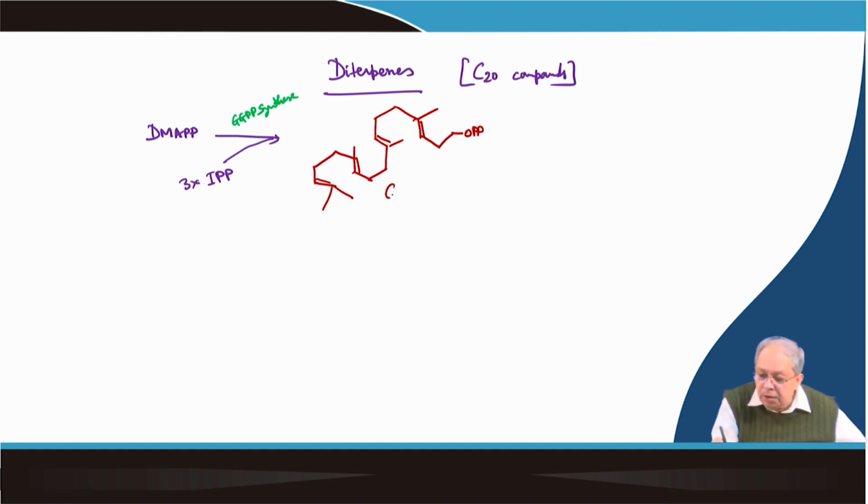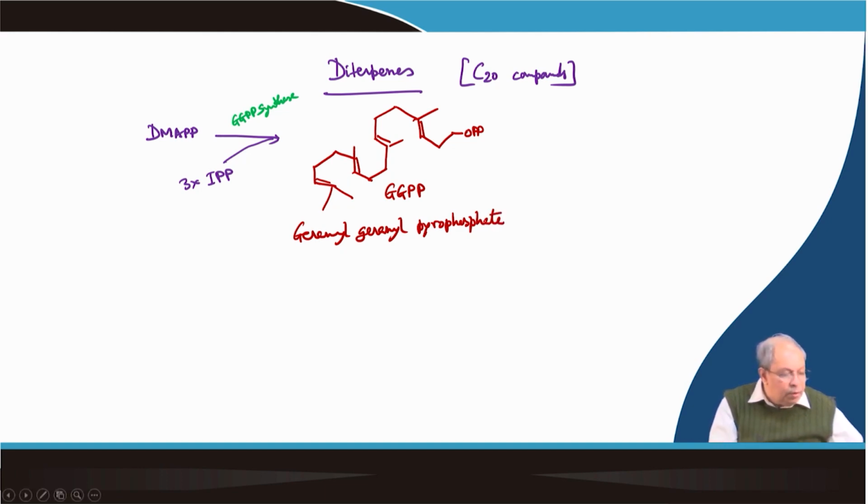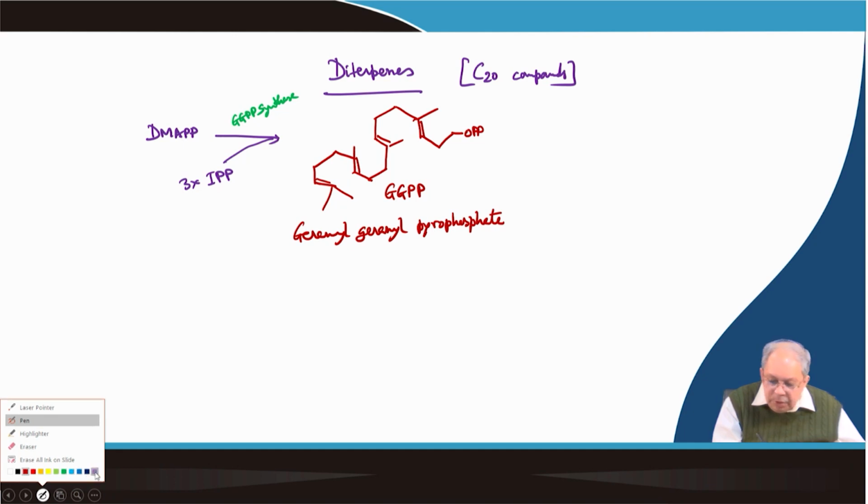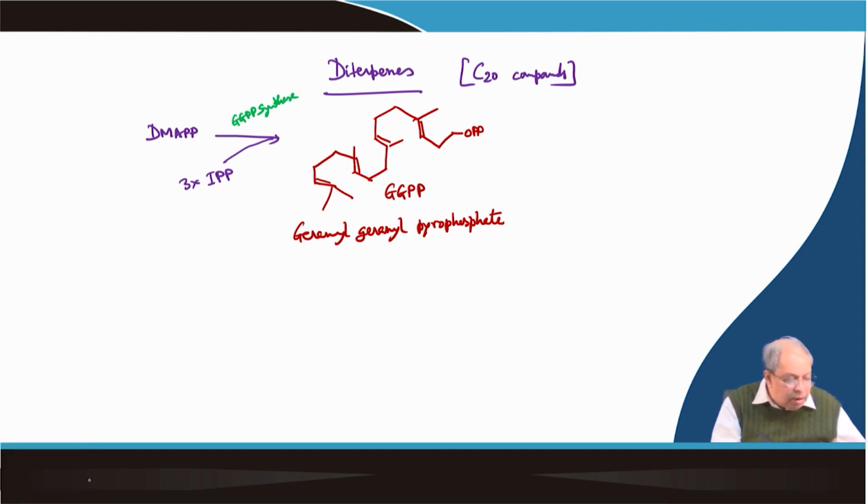So, this is the structure of GGPP. GGPP stands for geranylgeranyl pyrophosphate. This acts as the substrate for the subsequent enzymes, and this leads to the formation of different diterpene compounds.